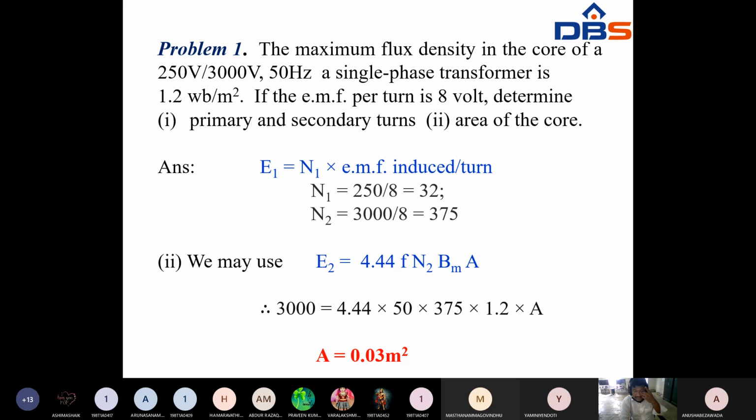Generally the given flux density in the core is Bm equal to 1.2 Weber per meter square. EMF per turn is E1 by N1 equal to 8 volts, right? Determine the primary and secondary winding turns.